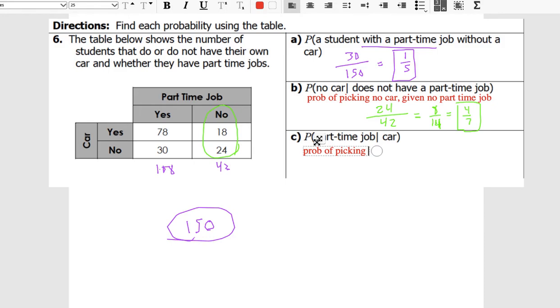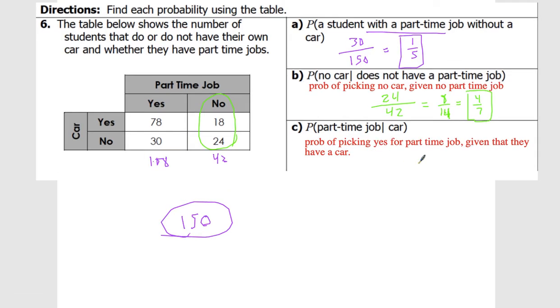Again, for this next one, how we interpret this: we want the probability of picking yes for part-time job, given that they have a car. So that's what that notation means. Of the people that have a car, we're only looking at the students that have a car.